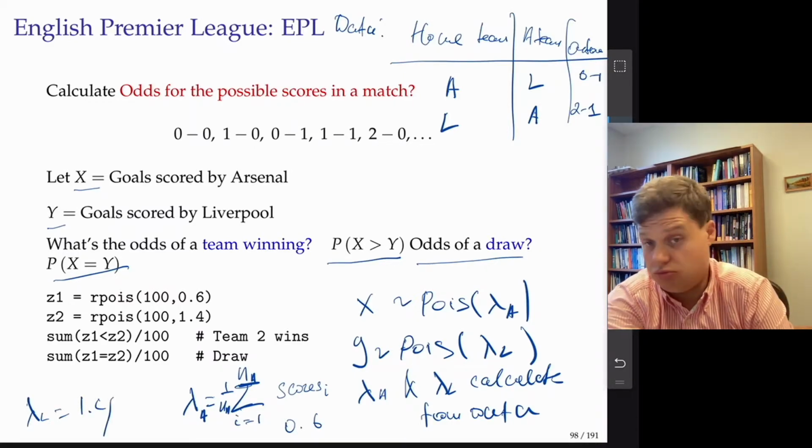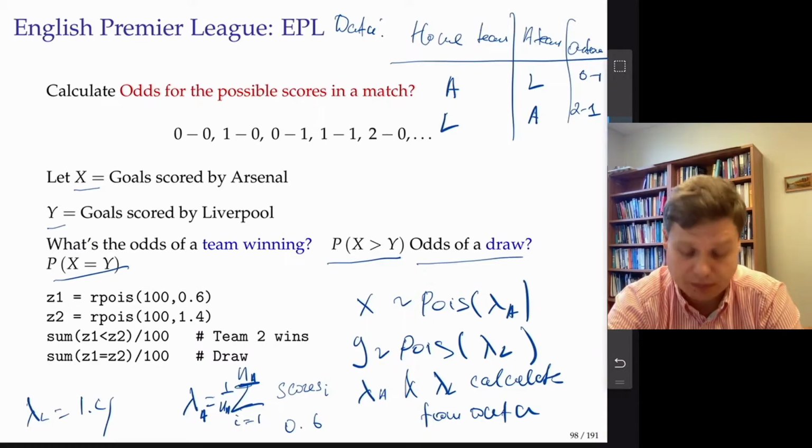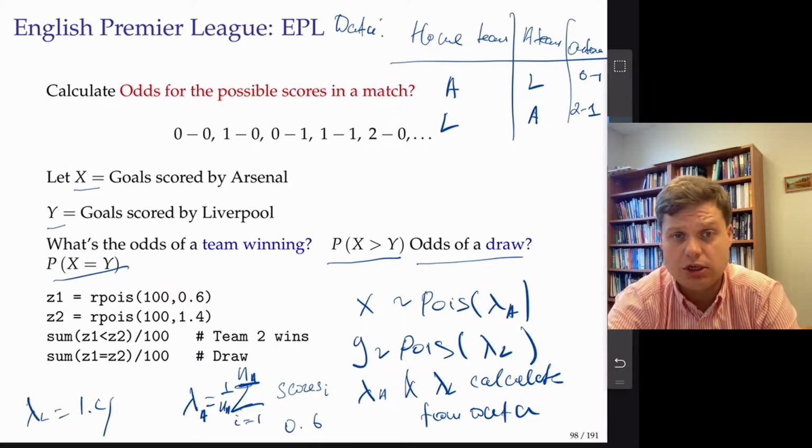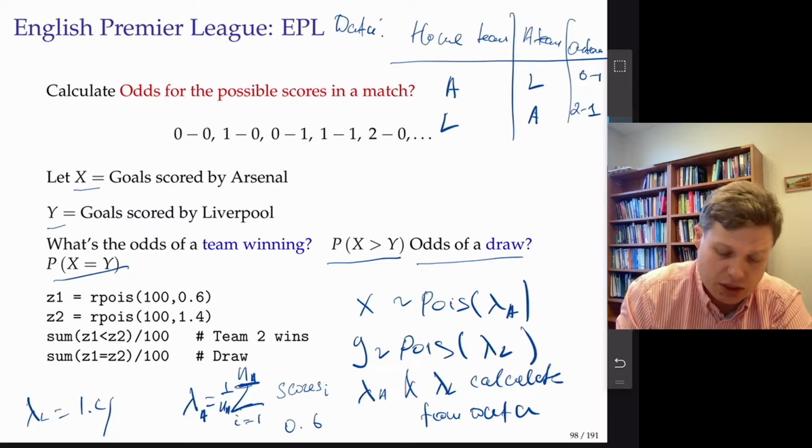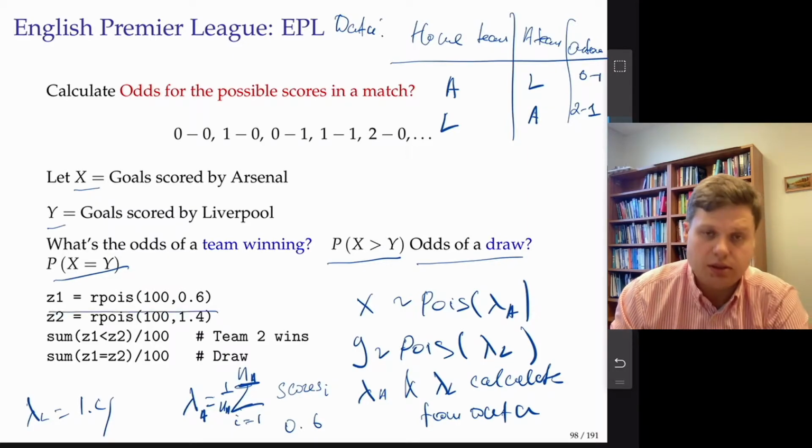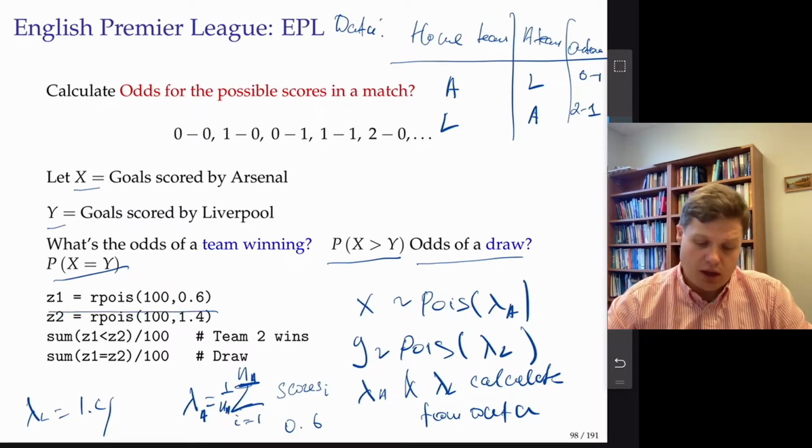And then I'm just gonna do Monte Carlo simulations here, something we talked about. I'm gonna generate 100 random draws from the Poisson distribution that describes the Arsenal outcomes, and then the Poisson distribution that describes the Liverpool outcomes.